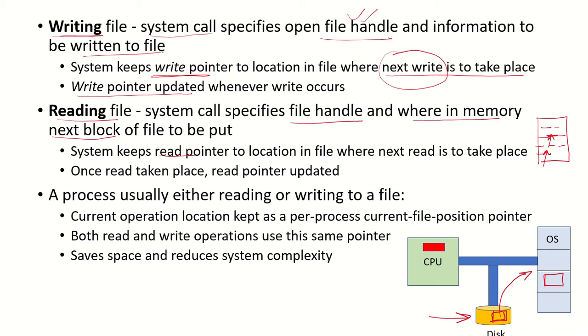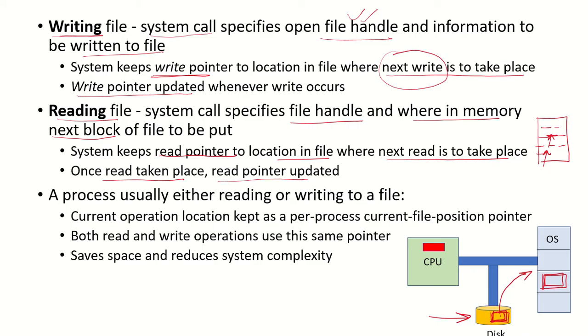The system will keep a read pointer to the location in the file where the next read is to take place. So one pointer is needed to specify where exactly we want to read from, and the next information is about where in the memory this block has to be placed. Once the read has taken place, again the read pointer is updated.